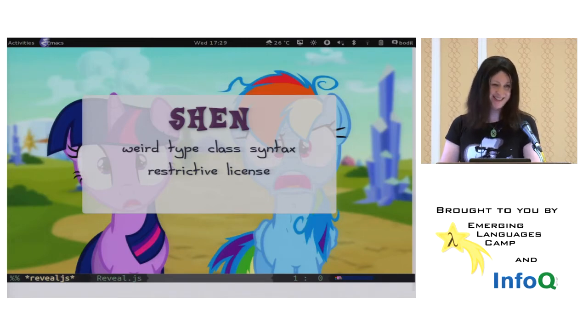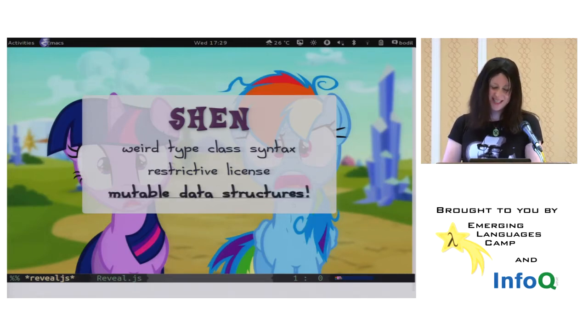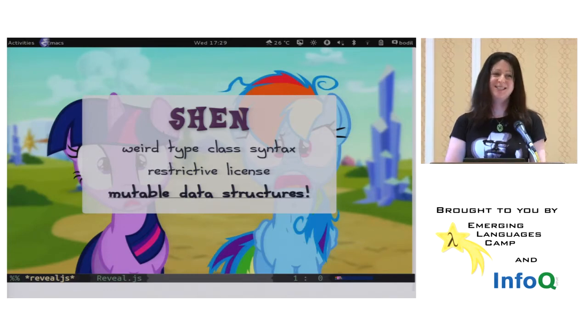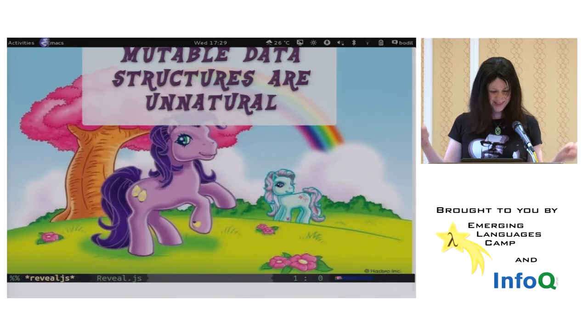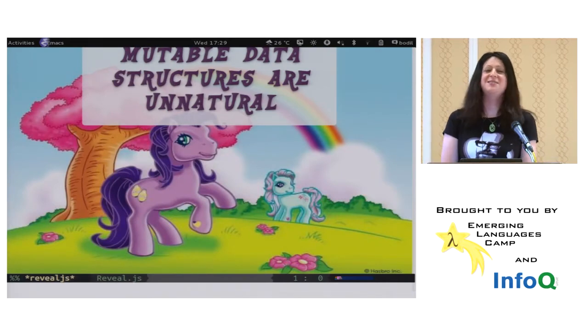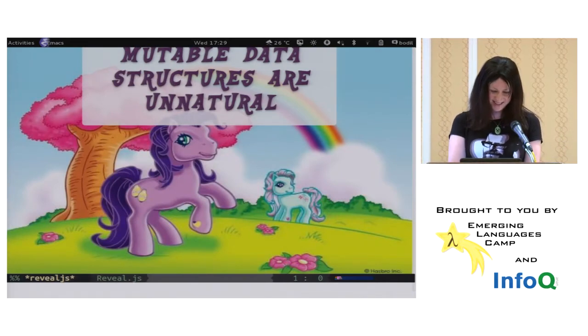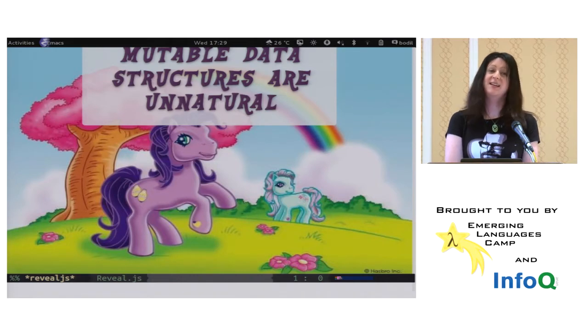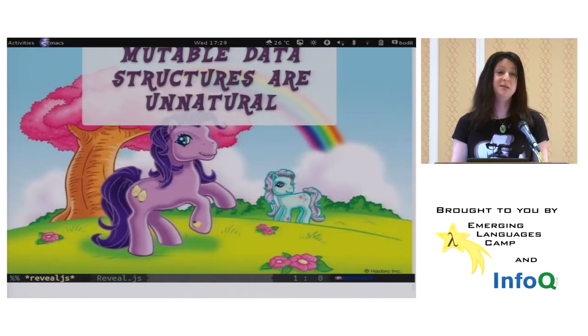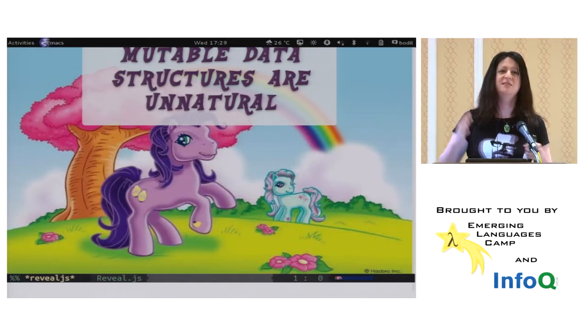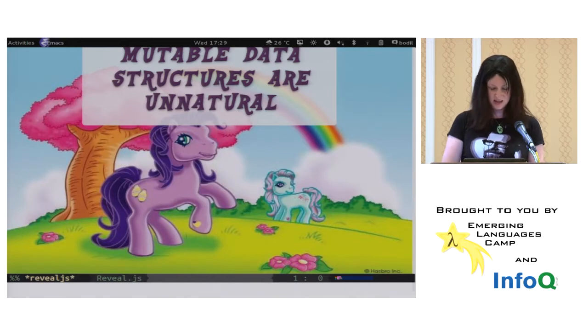I think. But the worst thing is it's actually got mutable data structures. And yeah, mutable, you just don't do that. So sadly, that just turned me completely off Shen. To be fair, it's definitely a brilliant language, but it has these things that just don't click with me.